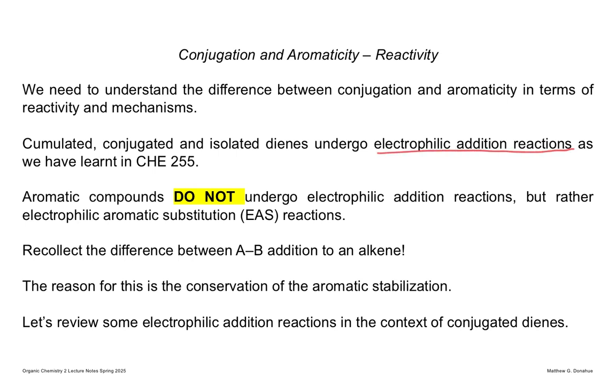So I want to highlight that and just draw a pi bond plus the electrophile AB. And again, we learned that the electrophile will add across that pi bond such that each carbon gets either A or B. So that's an electrophilic addition.